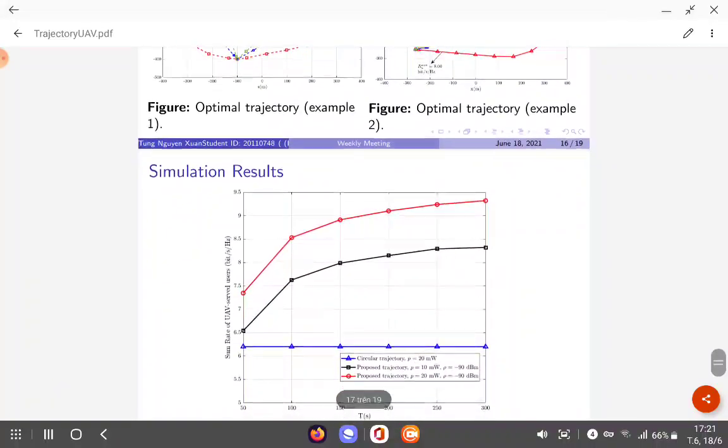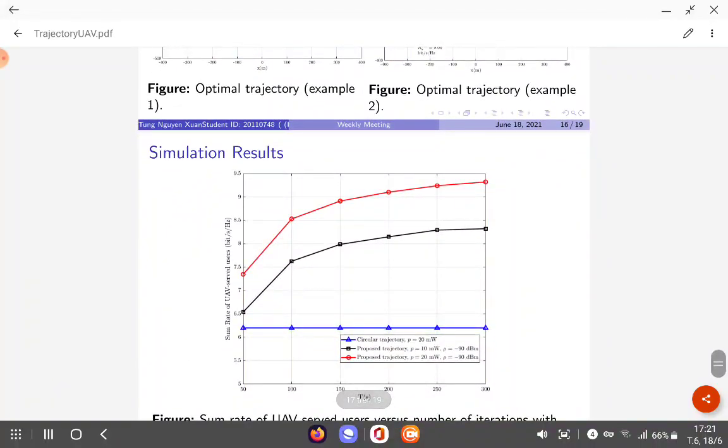In the final figure, I show the total achievable rate of all users served by the UAV versus the total time resource allocated. So when we increase the time, the total achievable rate of users will increase.